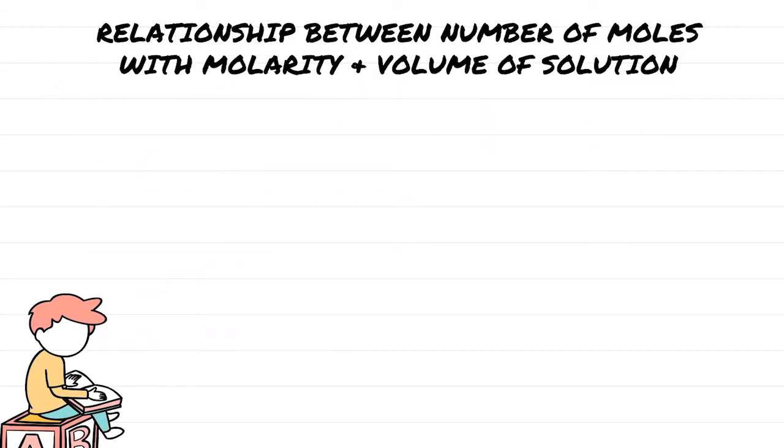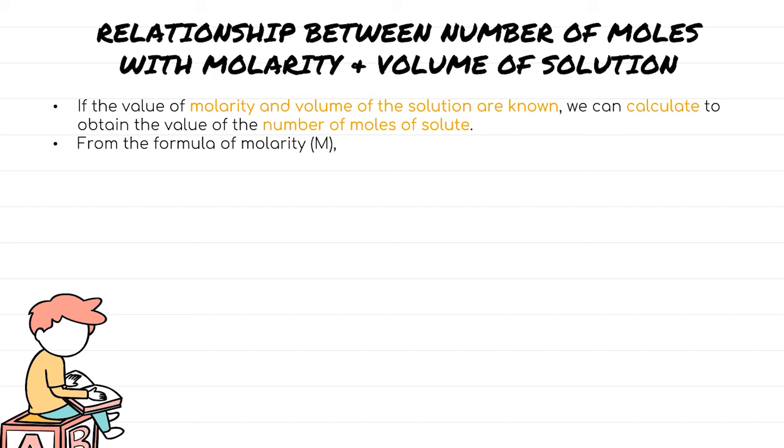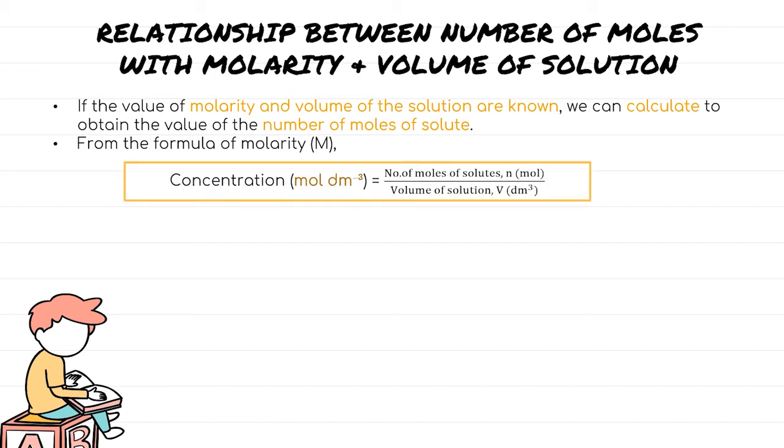We are going to look at the relationship between the number of moles, molarity and volume of solution. If the value of molarity and the volume of solution are known, we can calculate the number of moles. From the formula of molarity, we know that molarity equals the number of moles divided by the volume of solution.